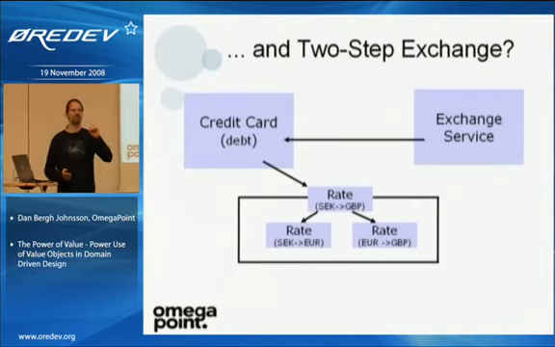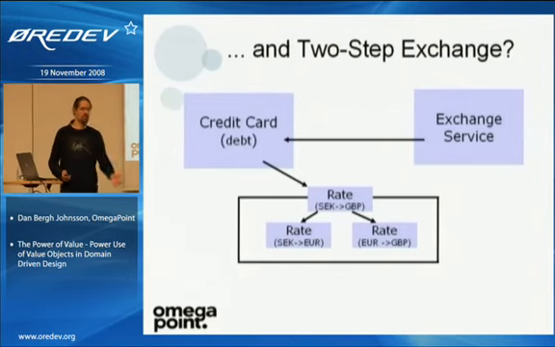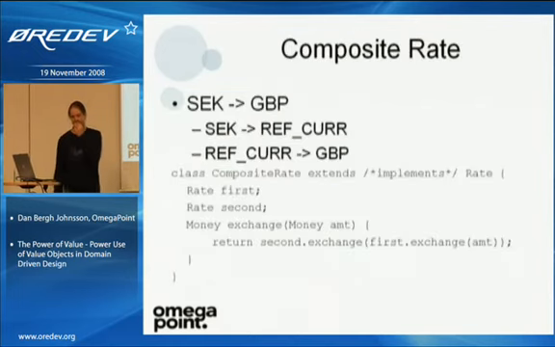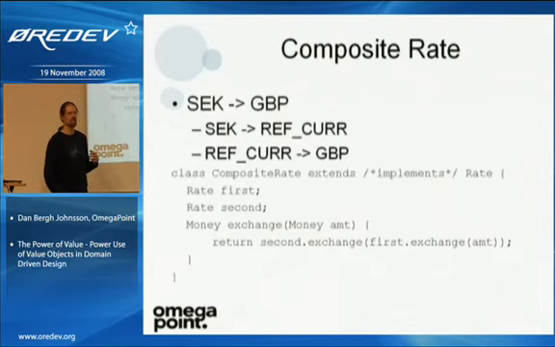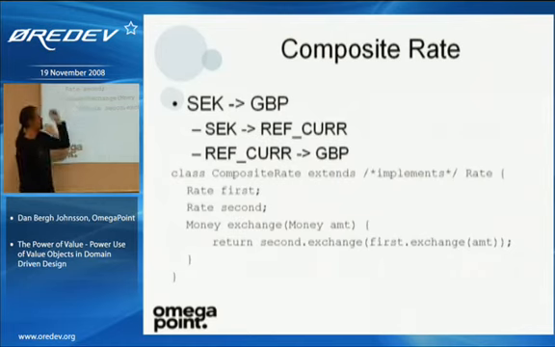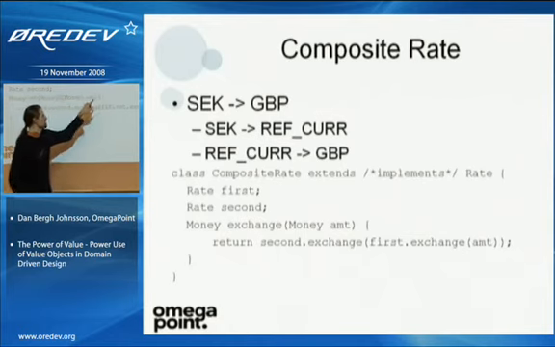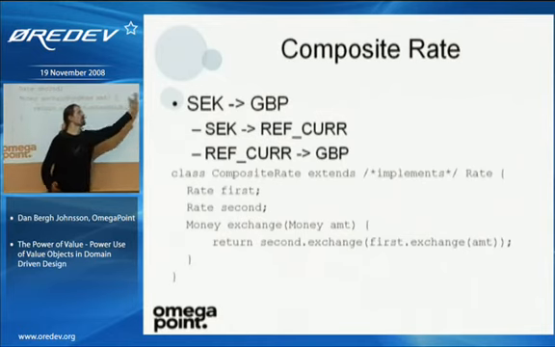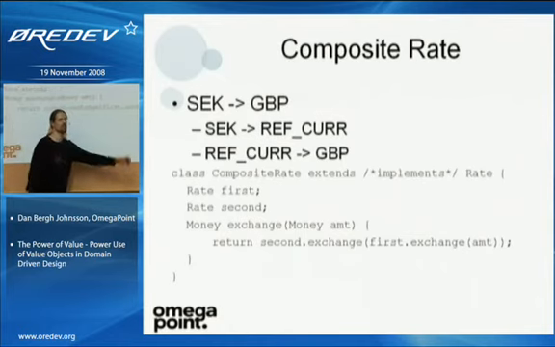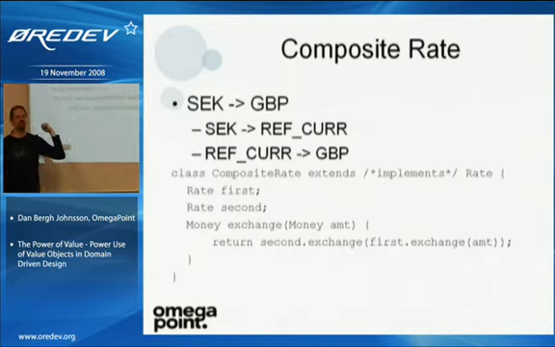And the client, in this case the credit card, will not need to be changed. So this is basically a composite rate. And of course, the implementation of it will have the same exchange method, but it will, under the hood, do a two-step exchange of first applying the first exchange rate to the amount, taking the resulting amount, now in euros, applying the second exchange rate and returning it.